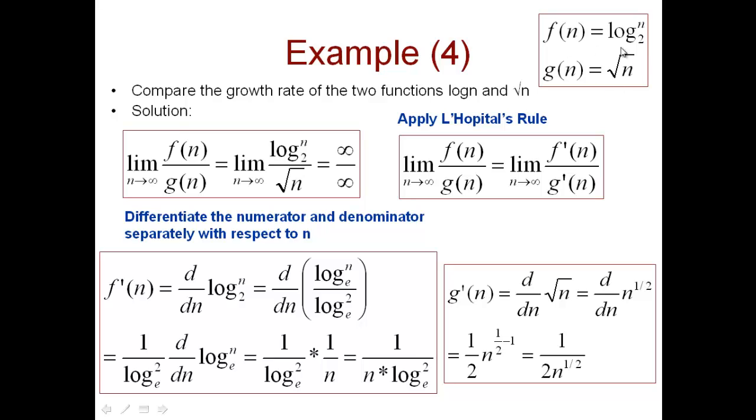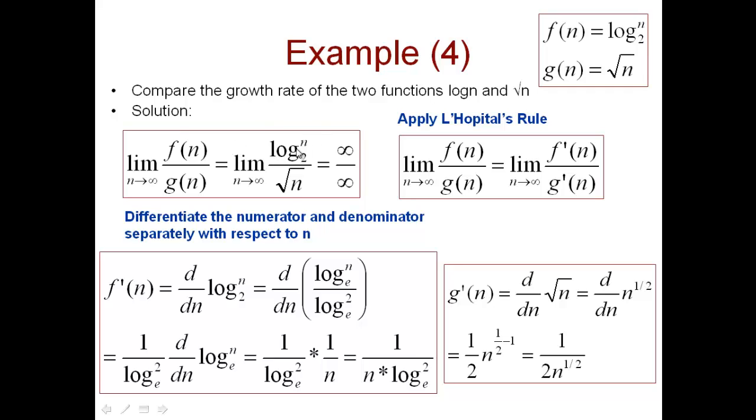So f of n is log n to the base 2. Again, remember, this is not base e, this is base 2. And g of n is square root of n. We want to decide which of these two functions grows faster, or whether they grow at the same rate. So we are going to find the limit as n tends to infinity of f of n over g of n.